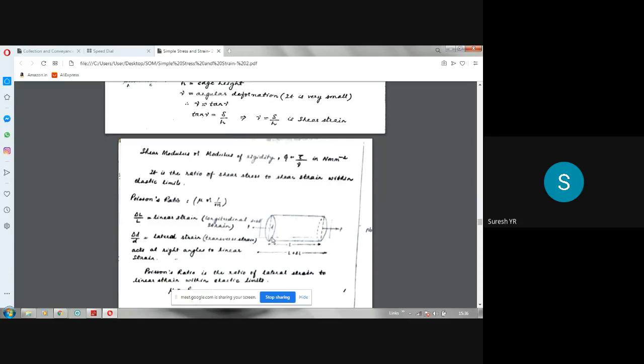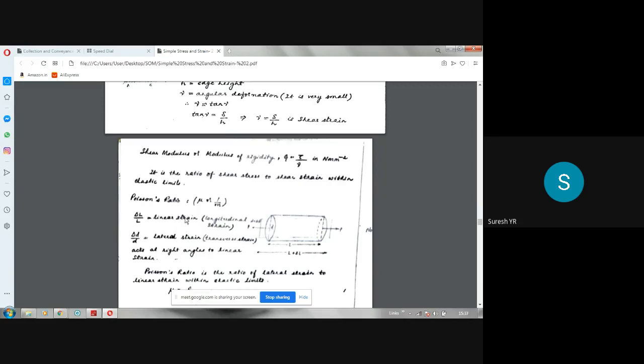The perpendicular to the longitudinal direction is the lateral direction. Diameter is the lateral direction. The reduction in diameter divided by original diameter is called lateral strain, also called transverse strain.